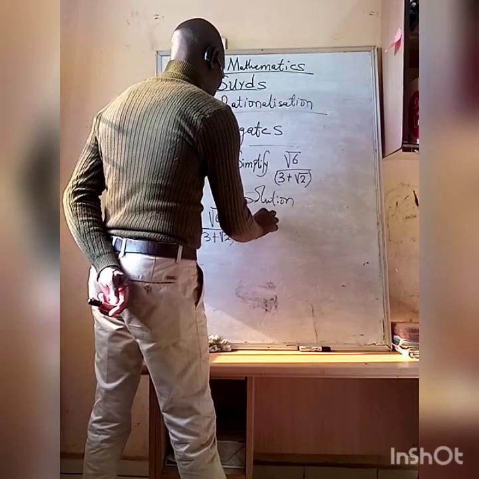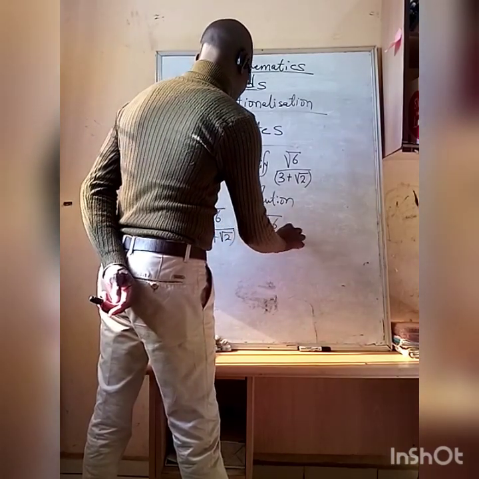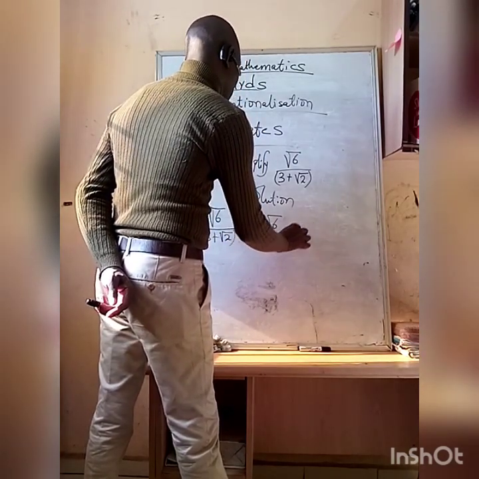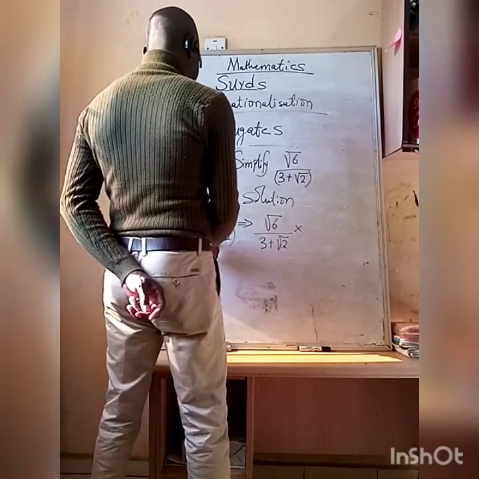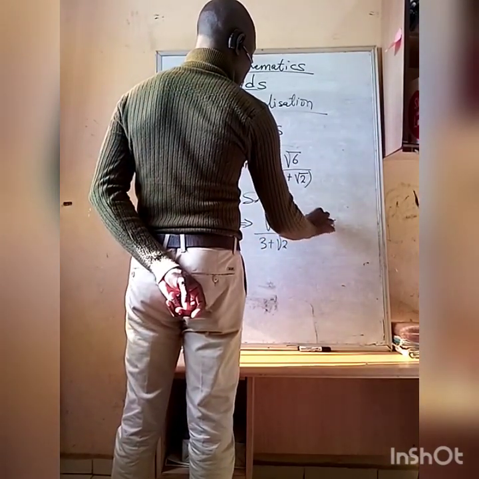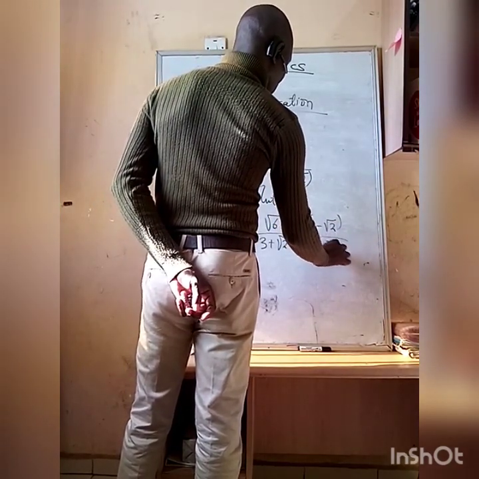It implies root 6 over 3 plus root 2. Now times the conjugate of this, which is going to be 3 minus root 2, all over 3 minus root 2.